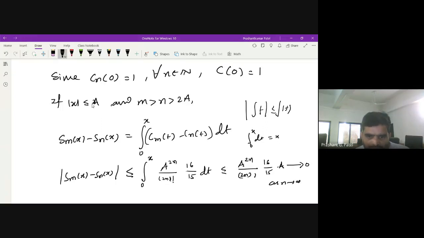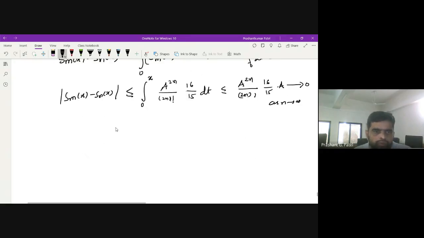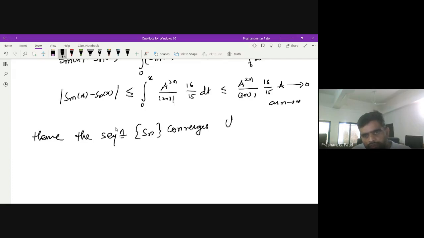So this Sn is converged uniformly on any interval minus a to a. So for that also we define some function. Hence, what we can say is the sequence Sn converges uniformly on minus a to a.